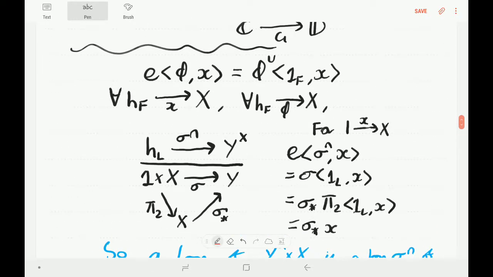Blah blah blah, right. This is working out how the evaluation function works. The evaluation function is going to be a function from y to the power of x times x to y.